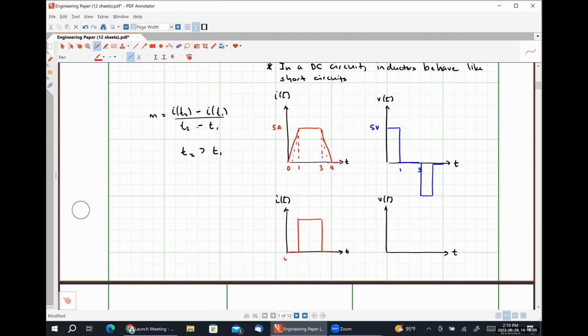So the same time intervals here, 0, 1, 3, etc. This is 5 amps. What's going to happen to my voltage? Would it be infinity? Yes. So we would have an impulse here and a negative impulse here, and it would be 0 for all other points in time. Now, do you think there's a problem with that?